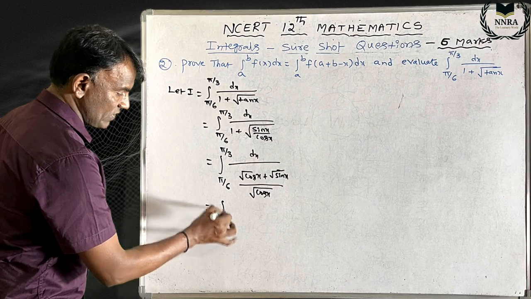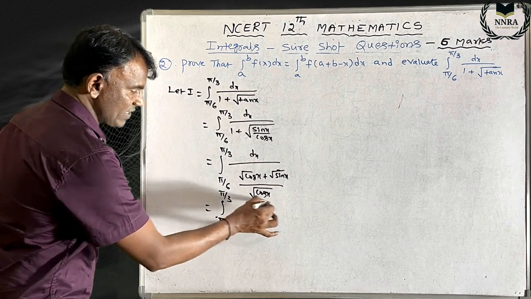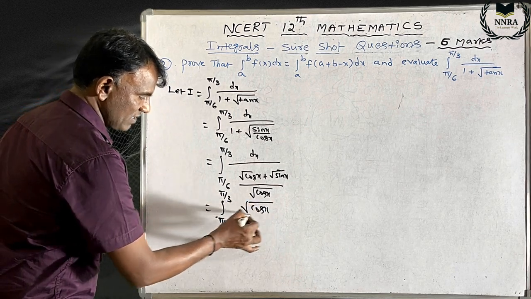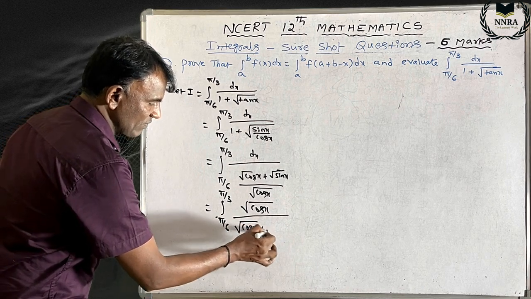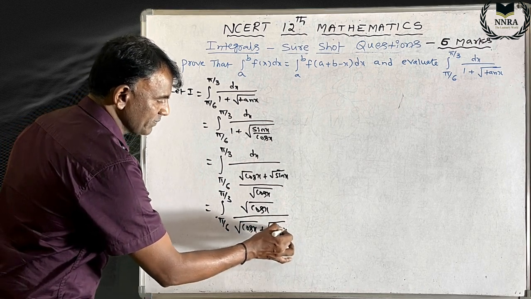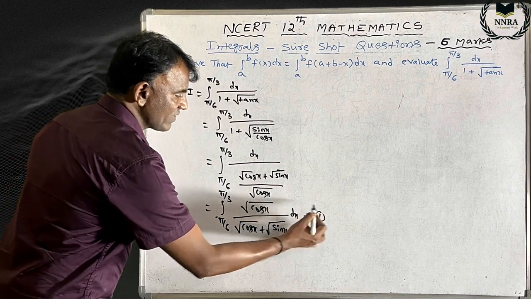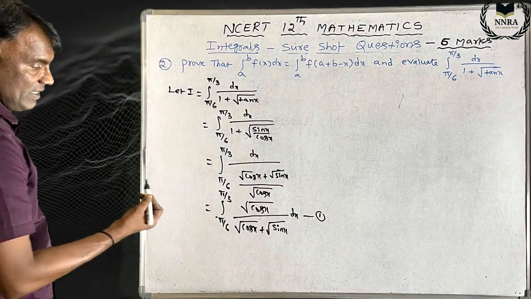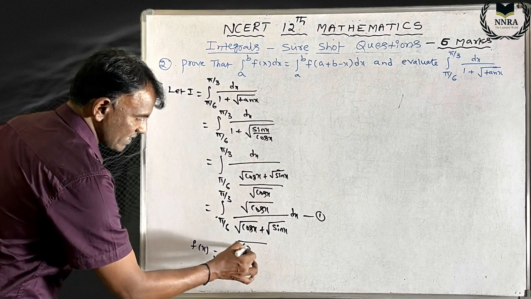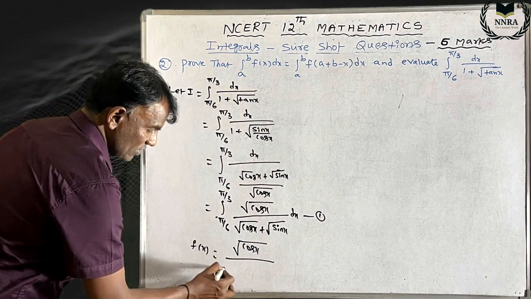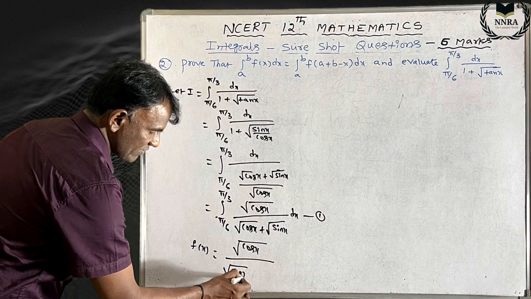Integral pi by 6 to pi by 3, square root of cos x, and the denominator is square root of cos x plus square root of sin x, then dx. So this is equation number 1. And after that, what is the value of f of x? That is root of cos x divided by root of cos x plus root of sin x, right?